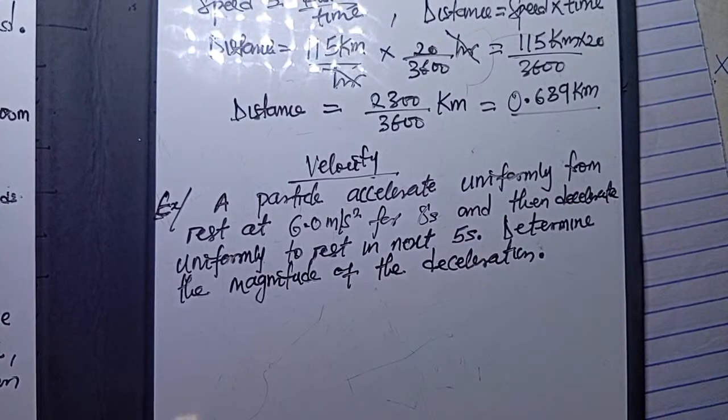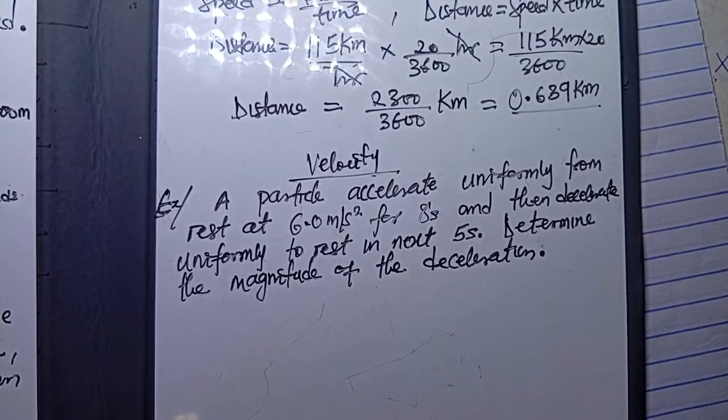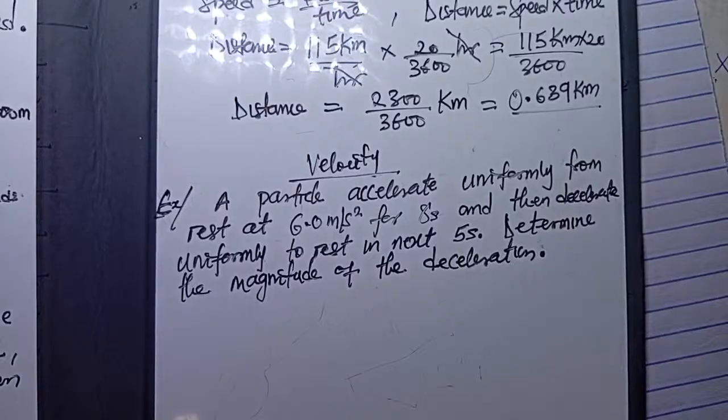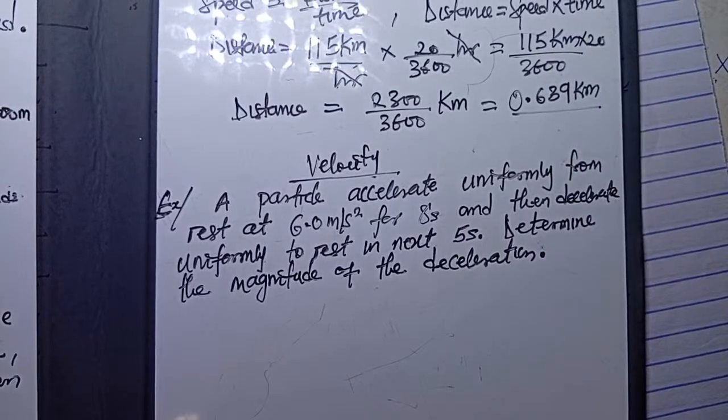So you can see clearly from the question given, it said a particle accelerates uniformly from rest at 6.0 meter per second square for 8 seconds, and then decelerates uniformly to rest in next 5 seconds. Determine the magnitude of deceleration.